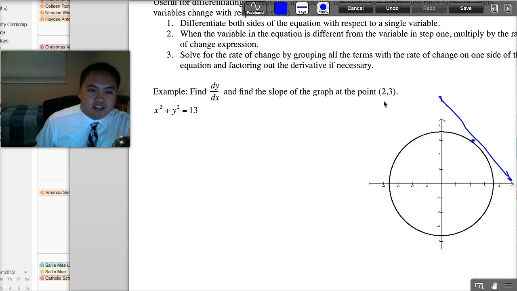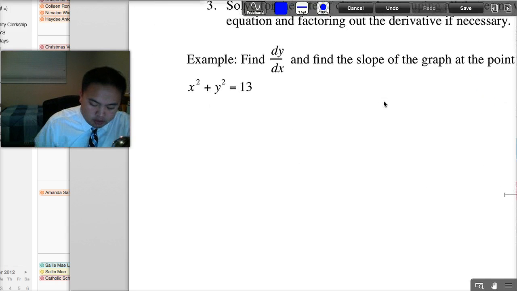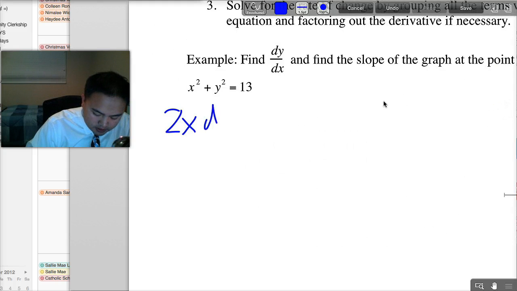How implicit differentiation works is just like the 3 steps we just talked about. So here's this function, x squared plus y squared equals 13. I'm going to take the derivative, like so. The derivative of x squared is 2x, and it's going to be multiplied by the derivative of x, since I'm doing this over one variable, it's basically dx over dx.